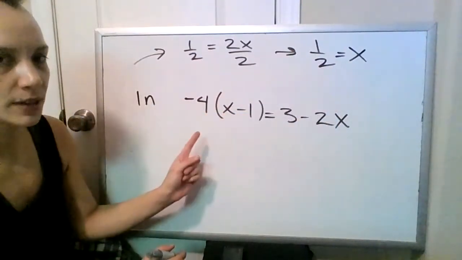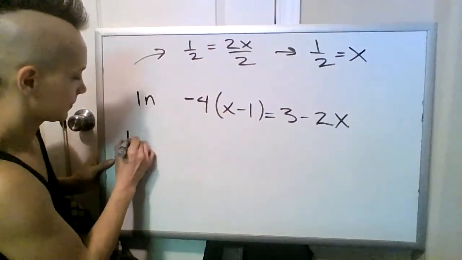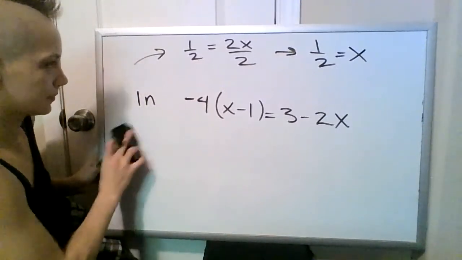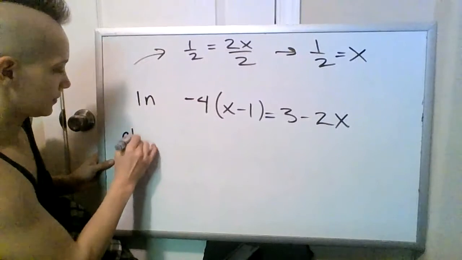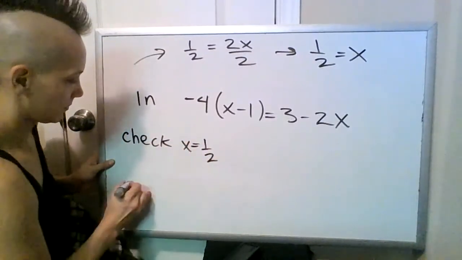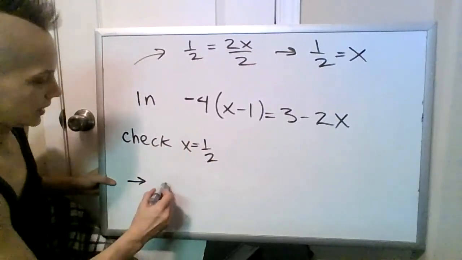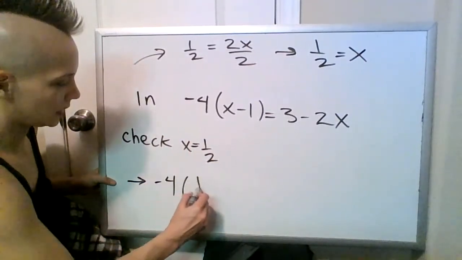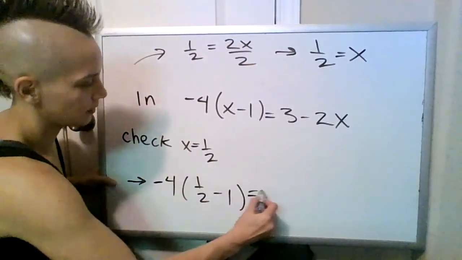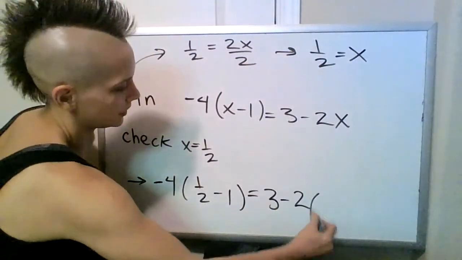So if you put in 1/2, we would have -4 times 1/2 minus 1, and 3 minus 2 times 1/2.